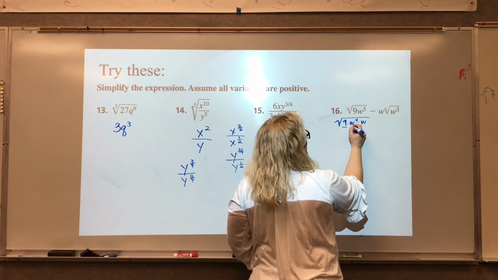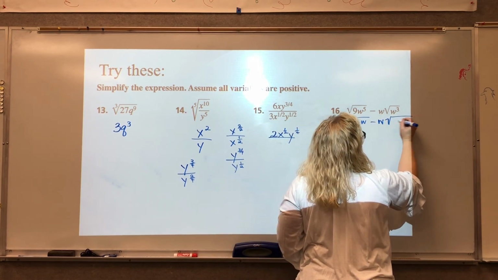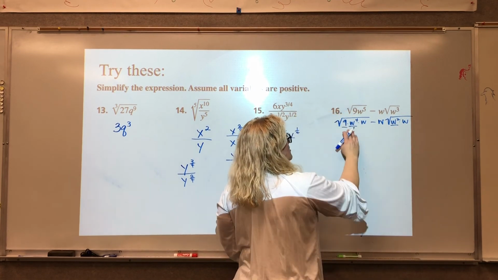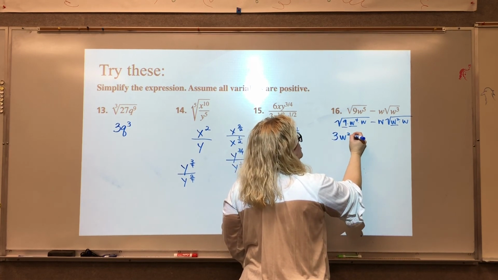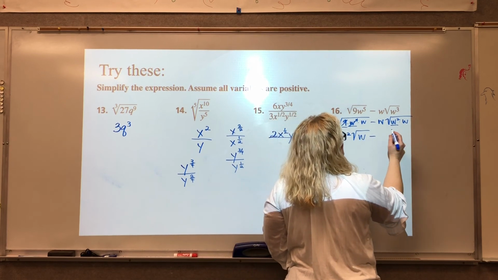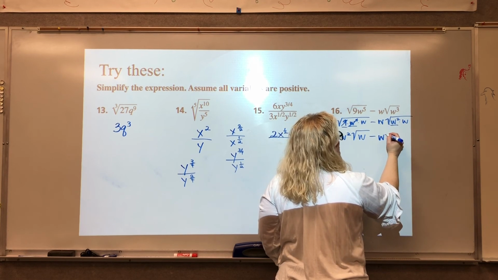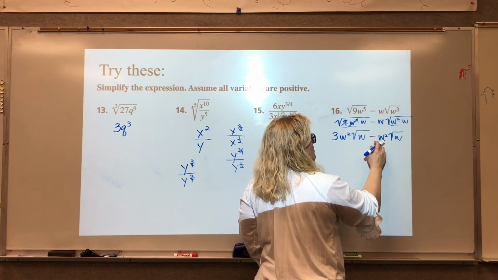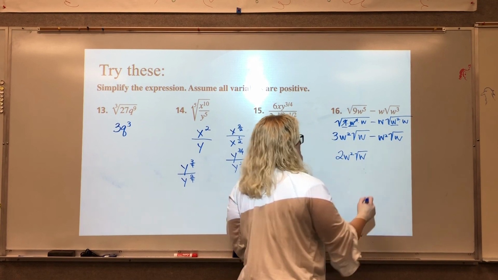Here's a perfect square, there's a perfect square. And over here, I have the square root of w squared times w, and there's a perfect square. So when these come out, this is going to be 3w squared, those are done, times the square root of w, minus w, well this is going to come out and be w, so this is w times the square root of w. 3 minus 1 is 2, w squared times the square root of w.